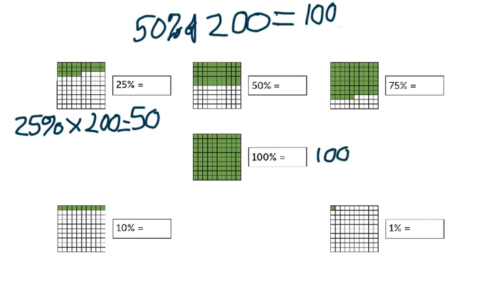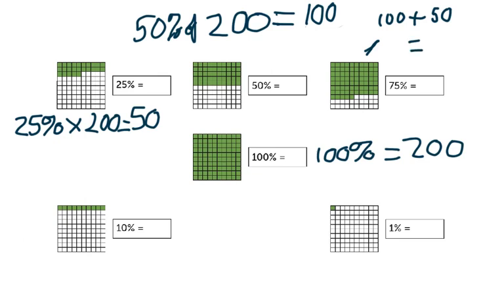So 100% of 200 is all of it, so that equals 200. 75%, that's 1/2 and 1/4 added together. So 75% is 100, that's our 1/2, add 50, that's our 1/4. So 75% of 200 is 150.